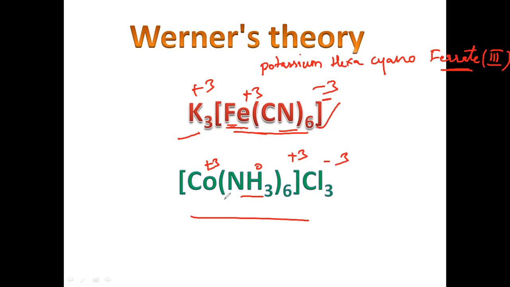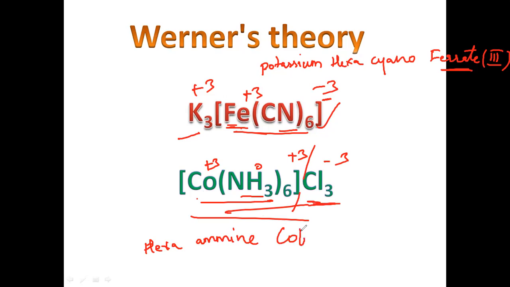And here also you should give the name like this. Here first the cation, and this is our anion. So we can write hexaammine, and next the cobalt, the oxidation state will be 3, and chloride. So this is the name for this particular complex.